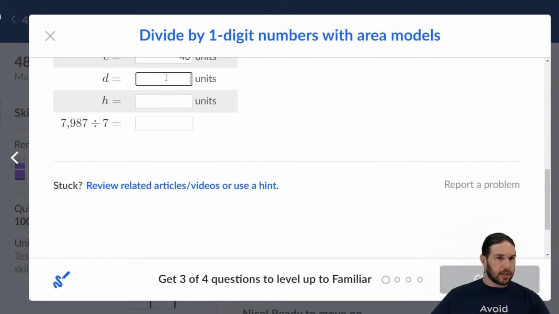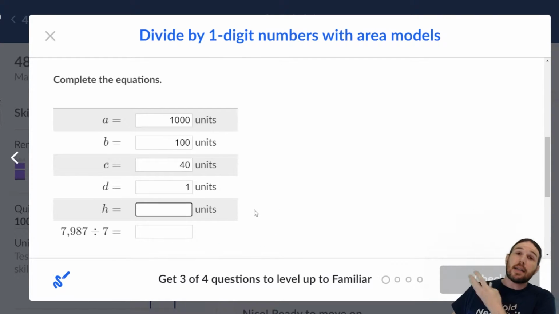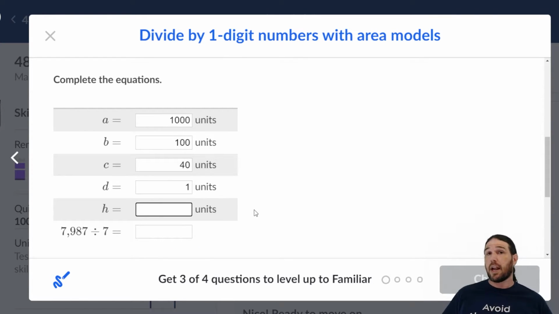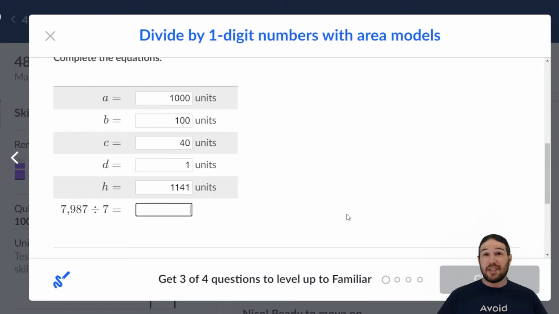Now it wants to know H, the grand total. And as you can see, because it has been nicely and neatly split up into very evenly divisible chunks, we can now add this up without too much difficulty to get 1,141 units. So 7,987 divided by 7 is 1,141.